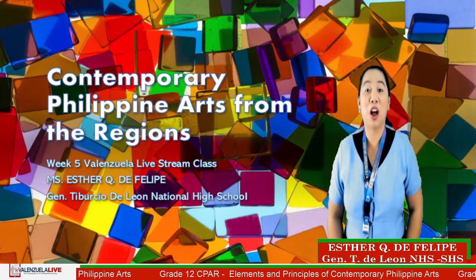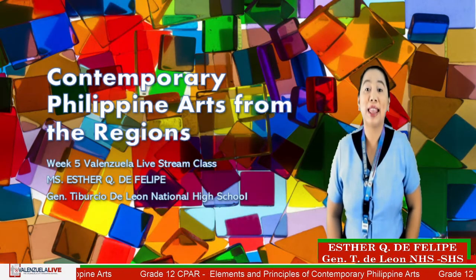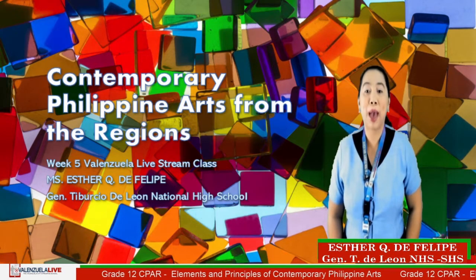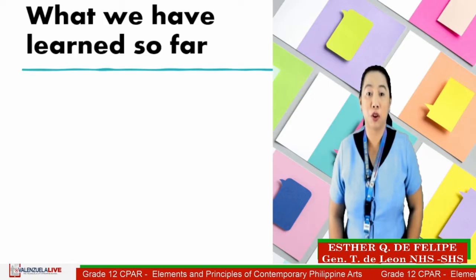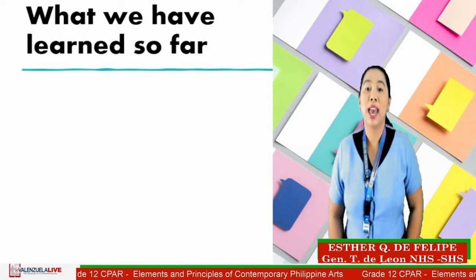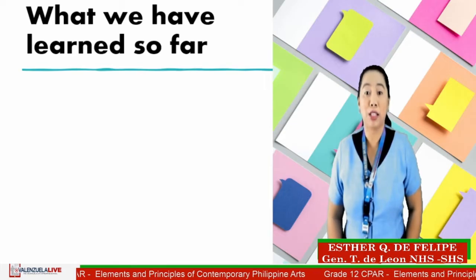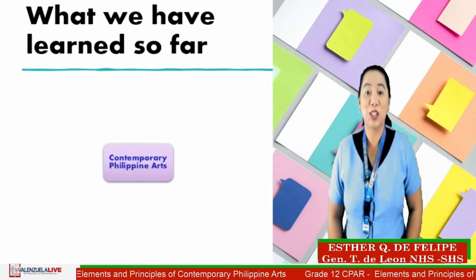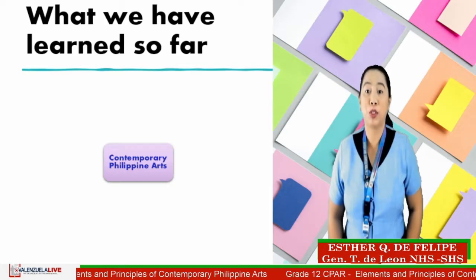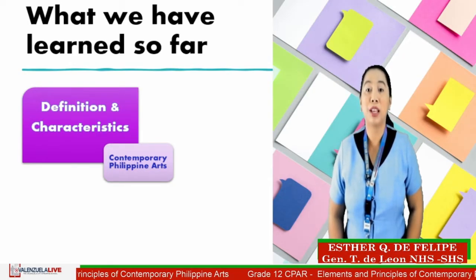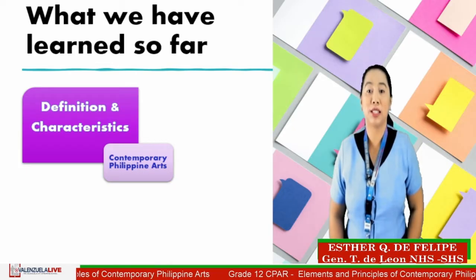Yes, we are already on our week 5, and that means we are halfway through the third quarter. For the past few weeks, we have surveyed, investigated, and even evaluated Philippine contemporary arts from many different aspects. Let us look back. First, we have defined arts and described contemporary arts based on its characteristics.